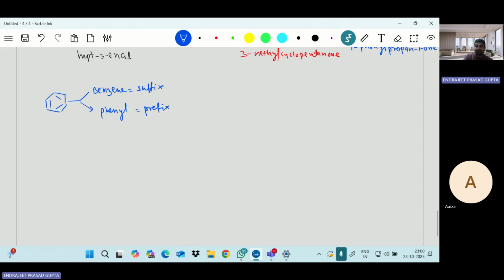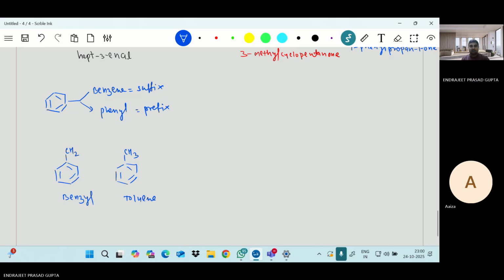Don't write benzyl. Benzyl is not that one. Benzyl is this one: if benzene is there and you are writing CH2, this is benzyl. If you are writing complete CH3, this is toluene.